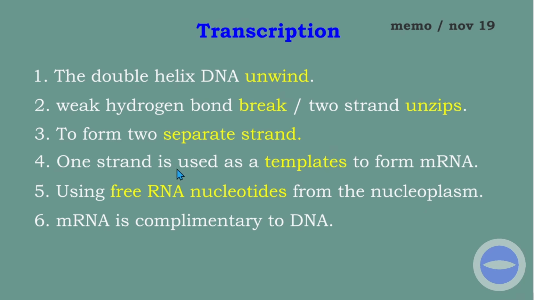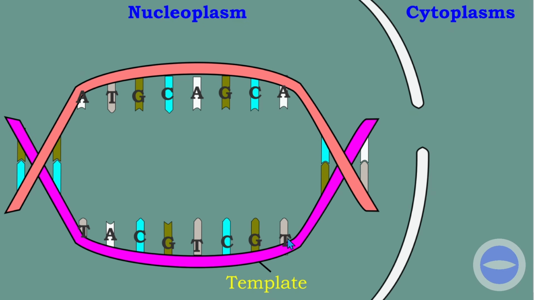One strand is used as a template to form mRNA, messenger RNA. Here we will use only one strand. So let's use this underneath strand. This one will be unused. We will use this one.